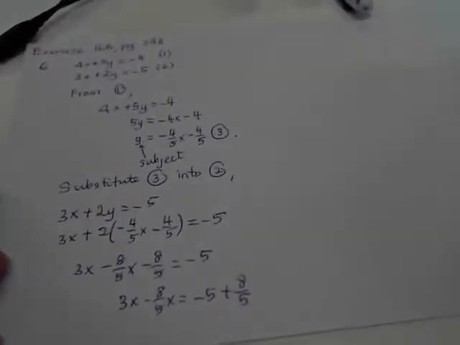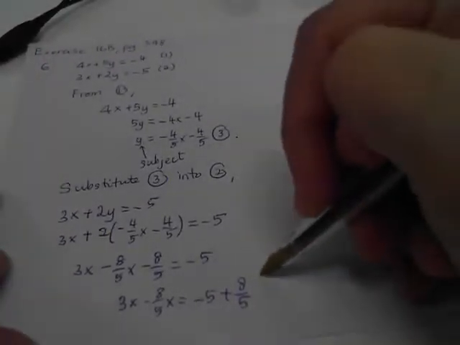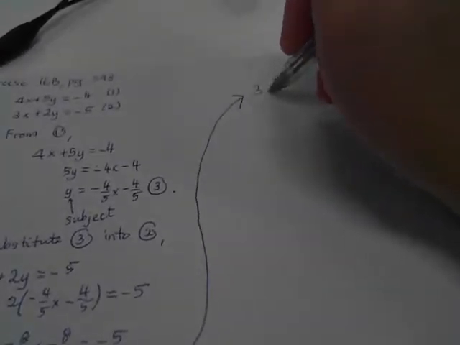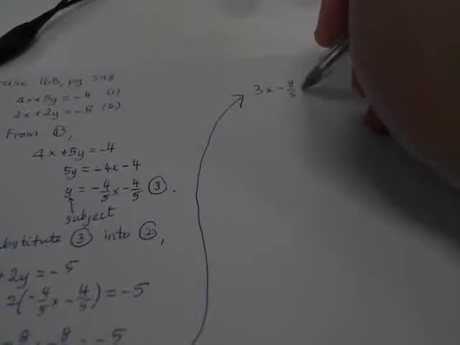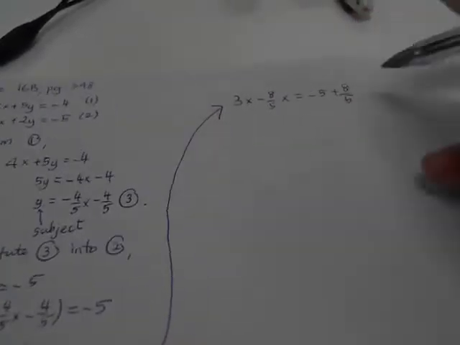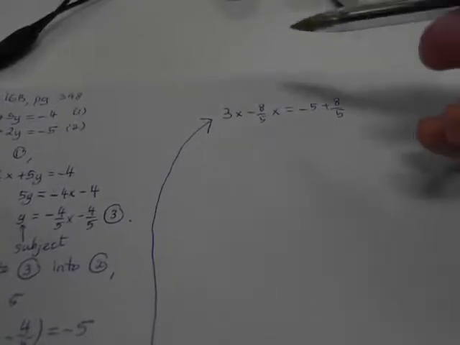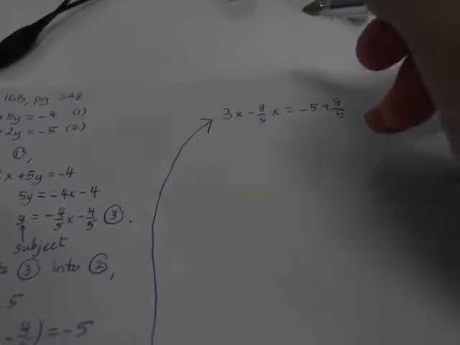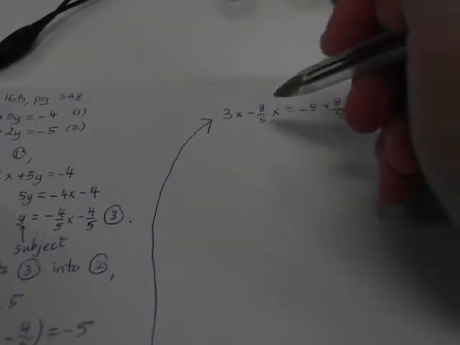Okay, now having said that, we're going to bring this over to the next bit. I'm going to rewrite this equation. Can someone use your calculator to calculate 3 take away 8 over 5? Having said that, because these two terms are actually equal... 1.4.